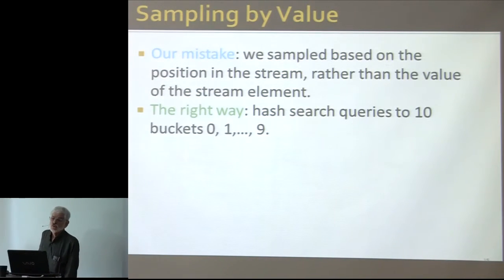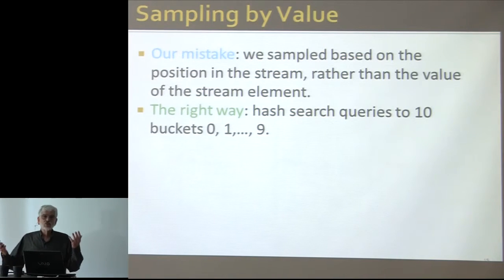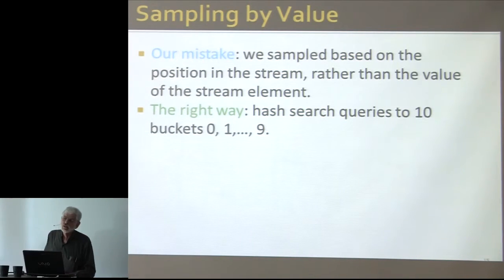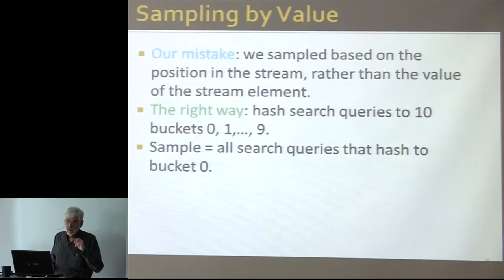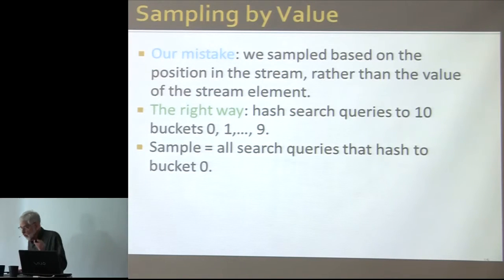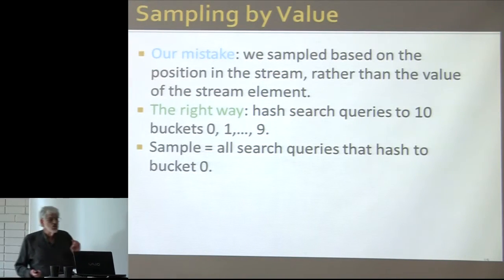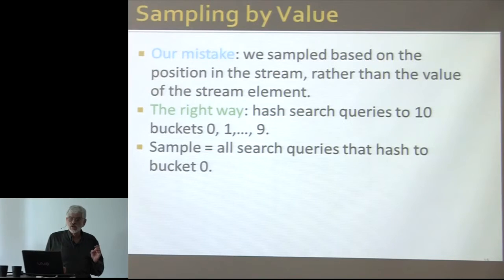Suppose I take a search query and hash it to 10 buckets. Again, at random, the probability of being in any bucket is 10%. And my sample will be all those search queries that happen to go to bucket 0.